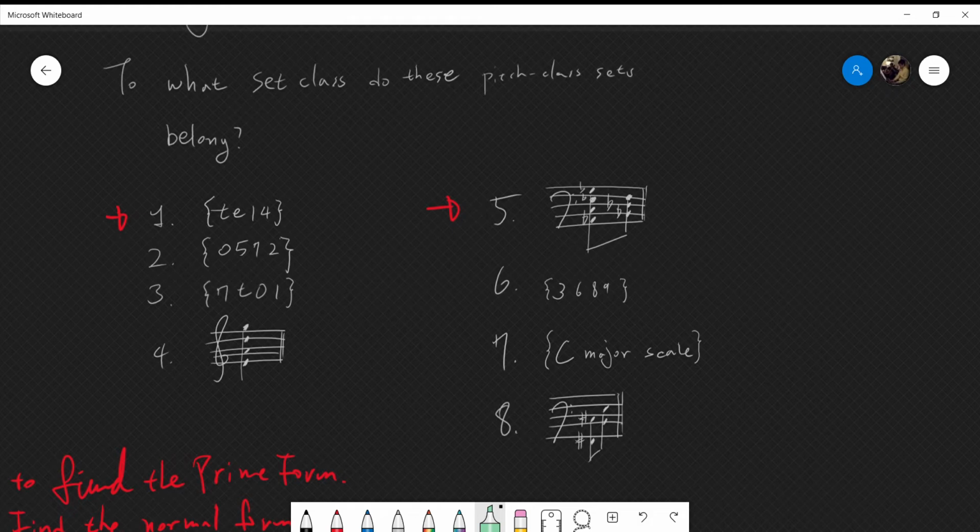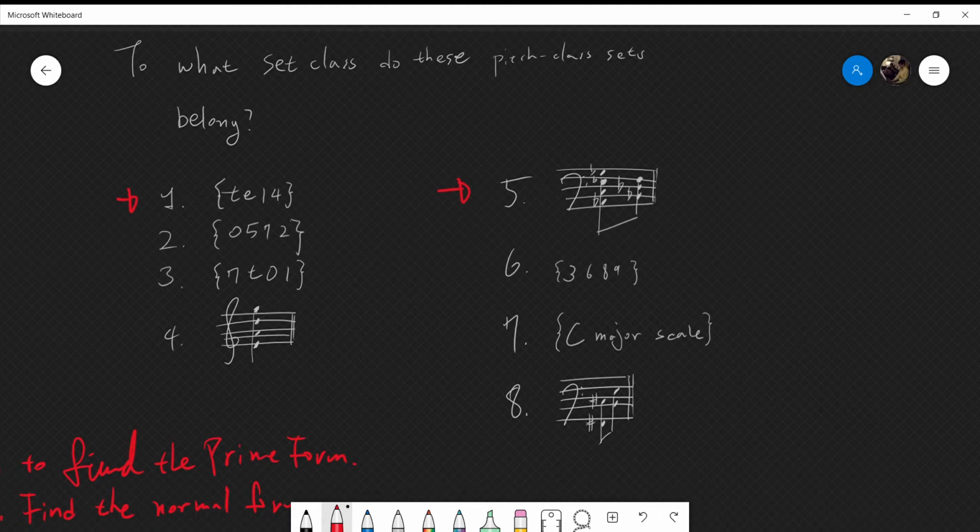And I will do 2 for you, so you will need to do 6. We still have to enter the answer, but here's how to figure out the prime form.